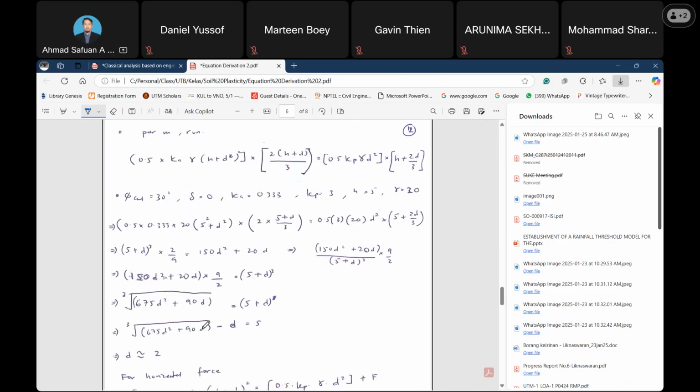Based on the calculation, D is approximately equal to 2. So the easy way, we put 2 as the D value.